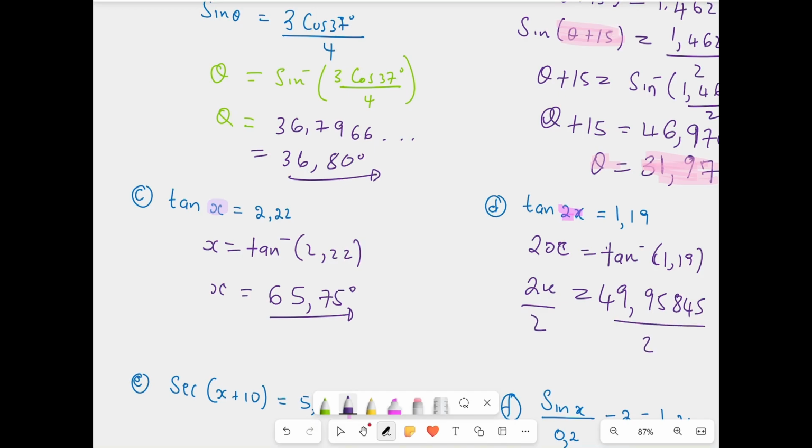So divide everything by 2. That means our x here is equal to 24,98. And then we are done with this one. Let's move to E.